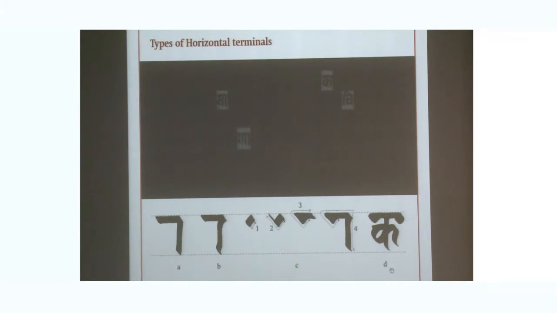This is quite peculiar about Jain manuscripts. Then there are types of horizontal terminals. We see here differences in how they have been taken. The methods are different; there are three different types. Let's see how it goes. It's a very simple one, where the terminals are equal, same as the pen cut.